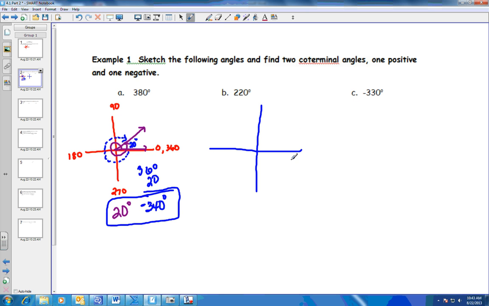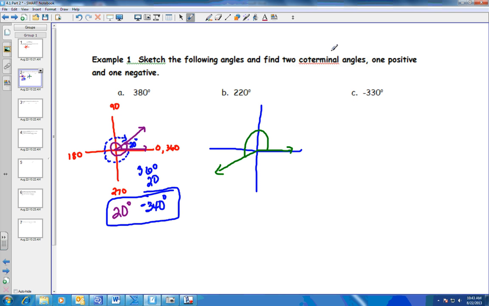So I'm not going to label them, but we know that's 0, 90, 180, 270. So I know that when I draw my initial side, here's my initial side. I'm going to go counterclockwise. There's 90, there's 180, somewhere around here for 220 because this is 270. All right, so there's my first angle.